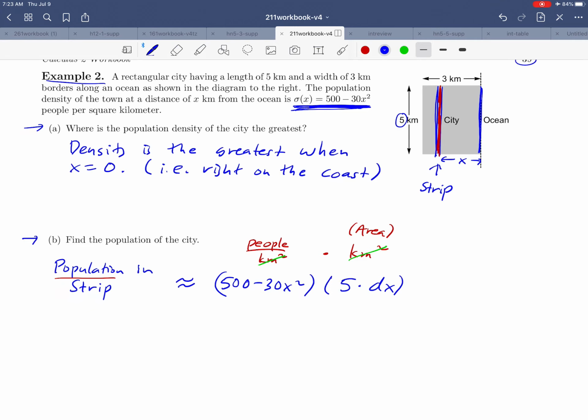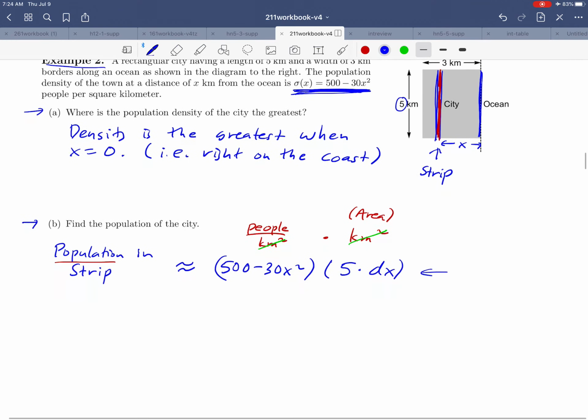We want it to be thin so that the population density stays approximately constant. Okay, so in a nutshell then, this expression, 500 minus 30x squared times 5dx, that's approximately the population of the city just in the strip that we talked about.